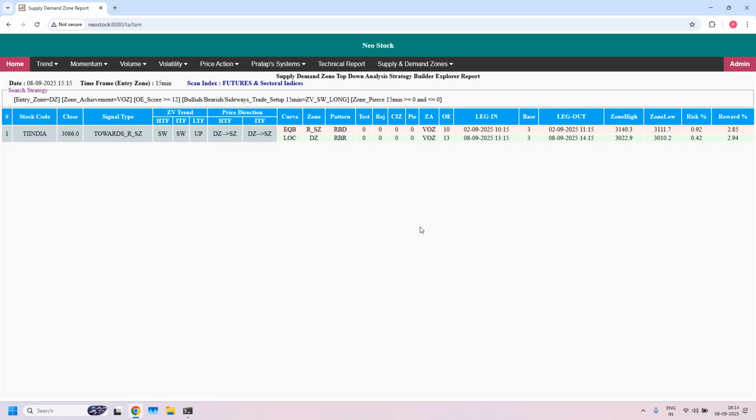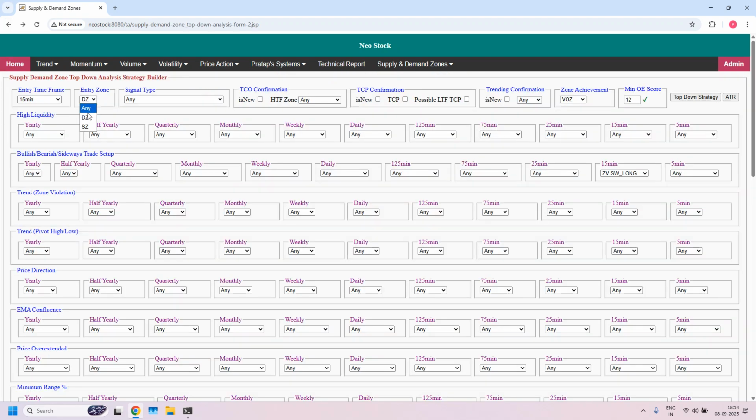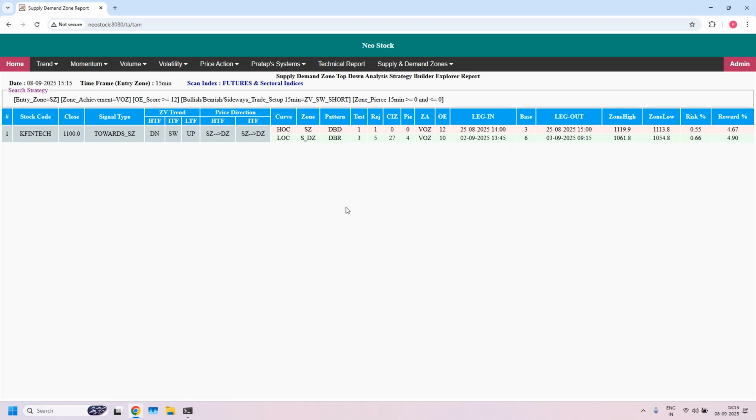Okay, next, sideways short trade setup for daily income trade. Entry time frame zone 15 minutes supply zone. Here sideways short trade setup. Let's filter. Again, we got only one stock. And this is the 15 minute supply zone for sideways short trade setup for daily income trade.